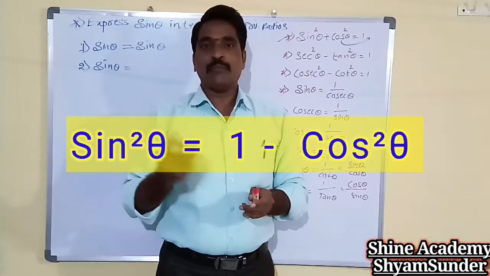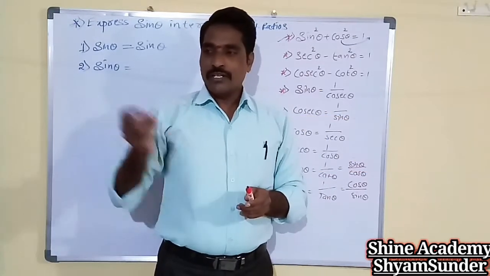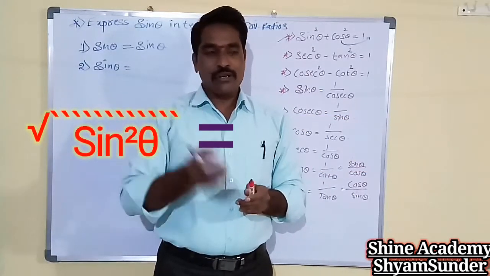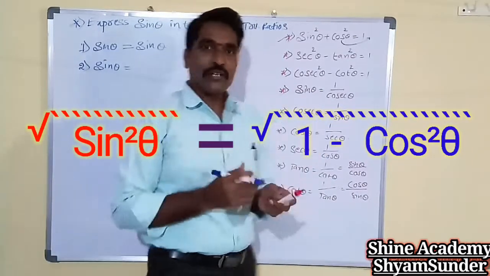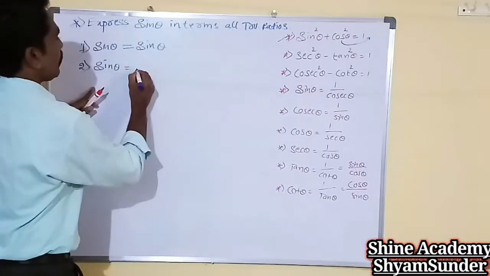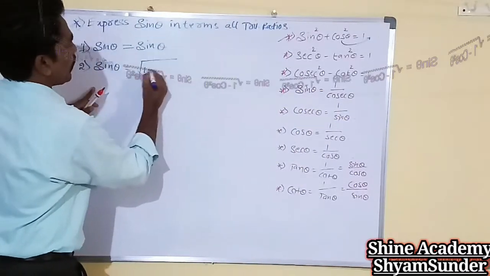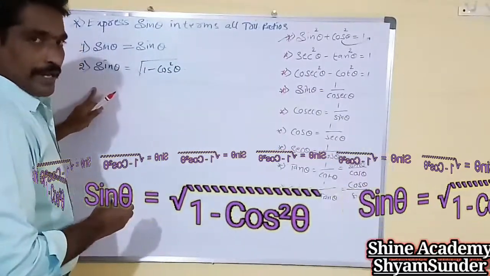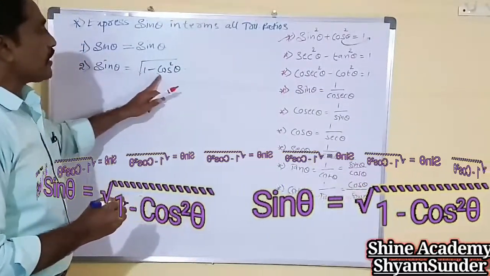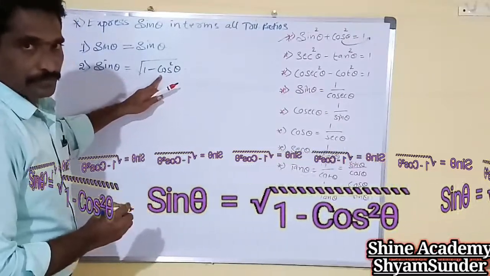Taking square root on both sides, we get sin theta is equal to square root of 1 minus cos square theta. So we have expressed sin theta in terms of cos theta.